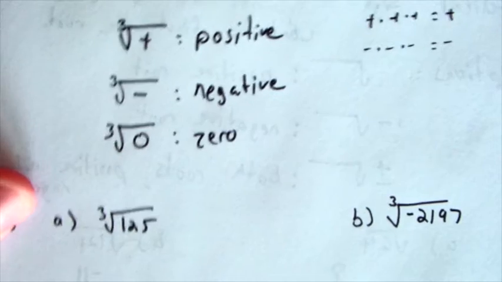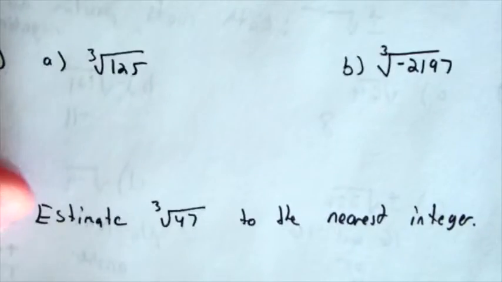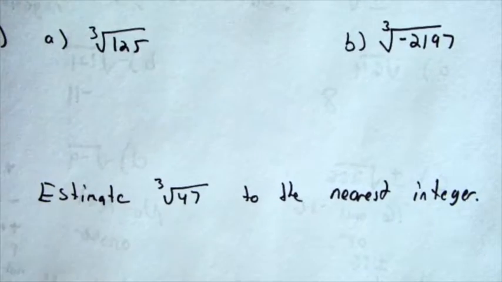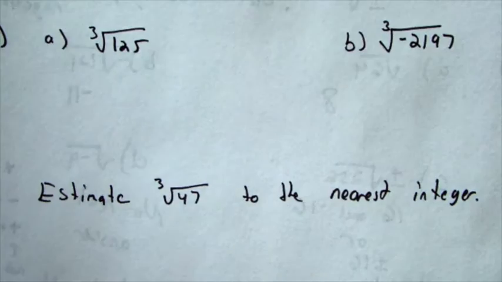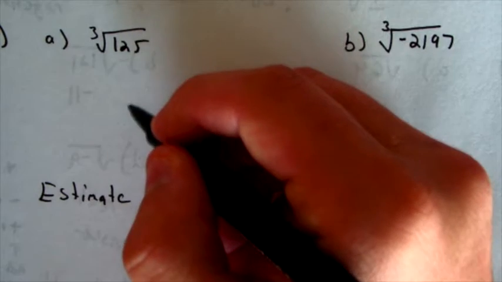So let's look at letters A and B. These are numbers that you should be memorizing. But if I look at the cube root of 125, first of all, is that a negative or a positive number underneath that radical sign? It's positive, which means that my root will be positive.